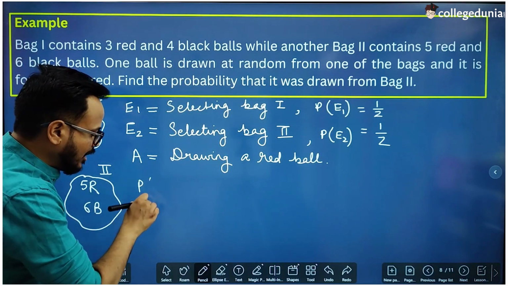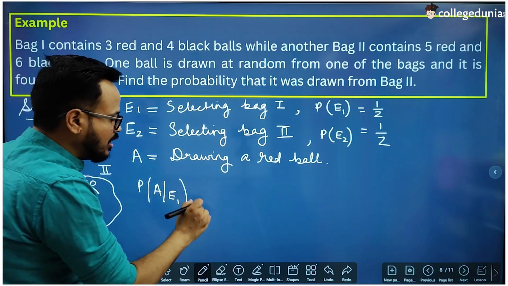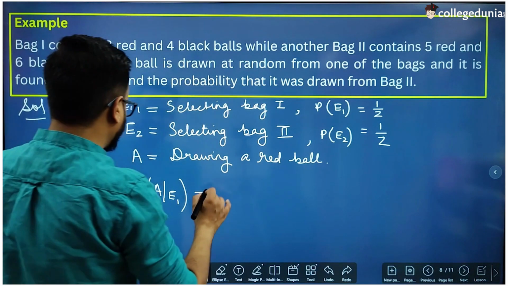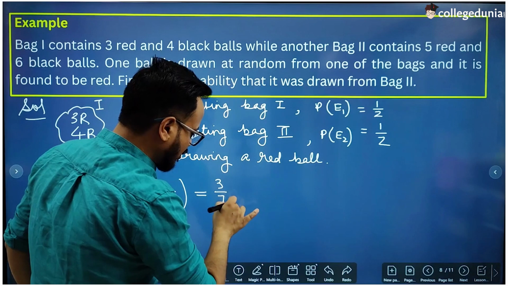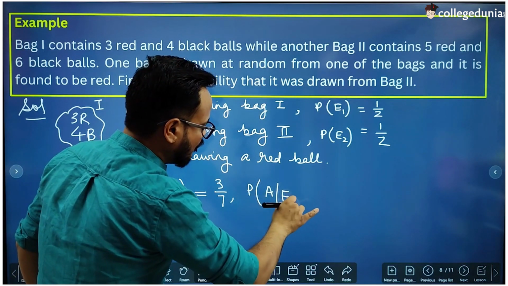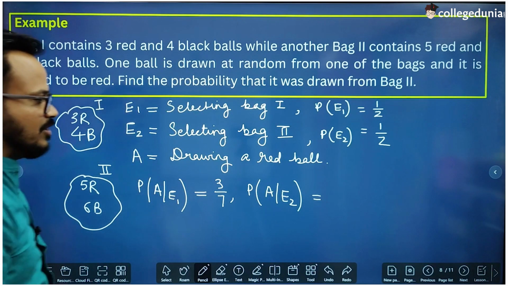If we first select bag 1 and draw a red ball from it, the probability is 3 by 7, and if we select bag 2 and draw a red ball from it, that is 5 by 11.